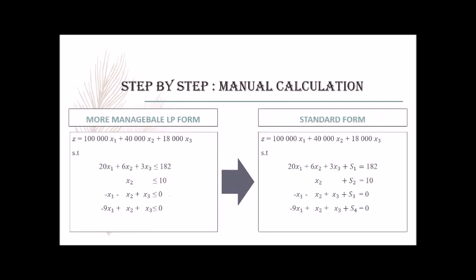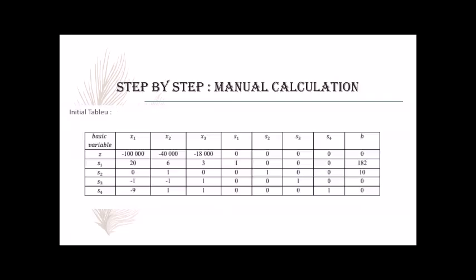Next, from the more manageable LP form, we change it into the standard form. This step includes the addition of slack variables in order to change the sign of less than or equal to into the sign of equal to. So now, we can set the initial tableau from the standard form.